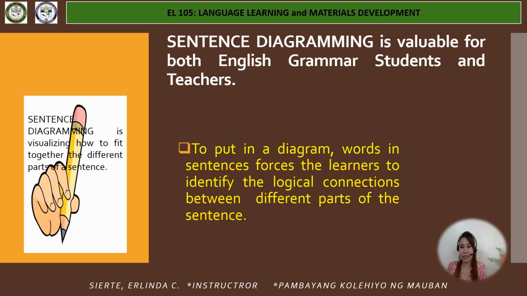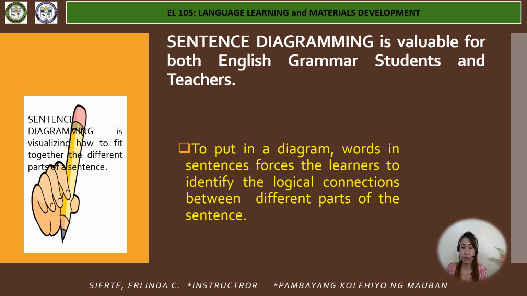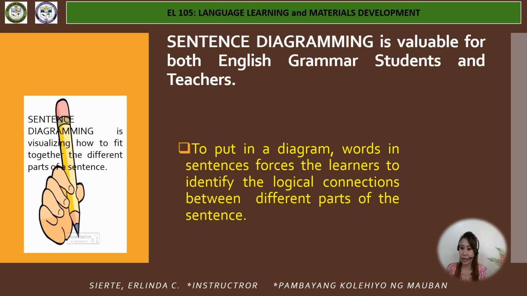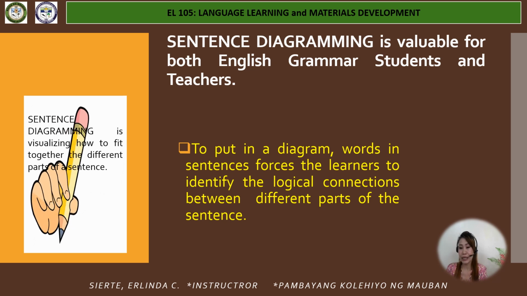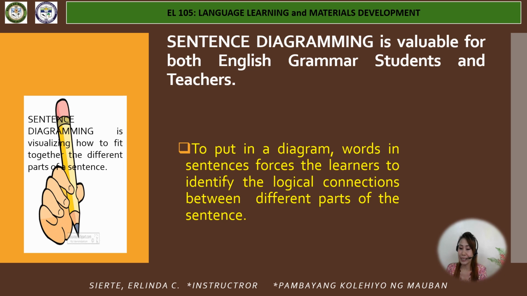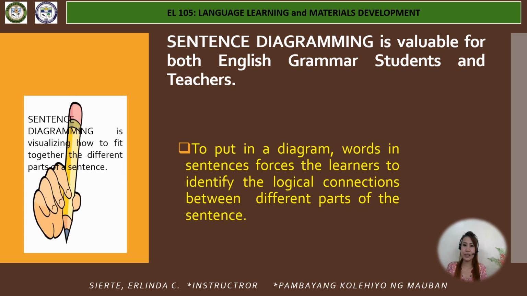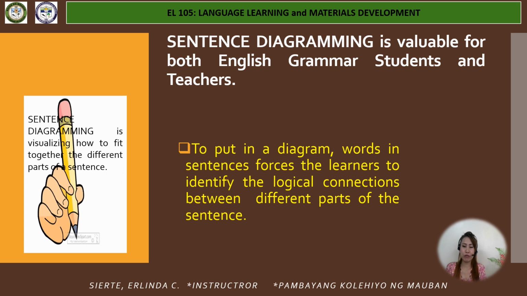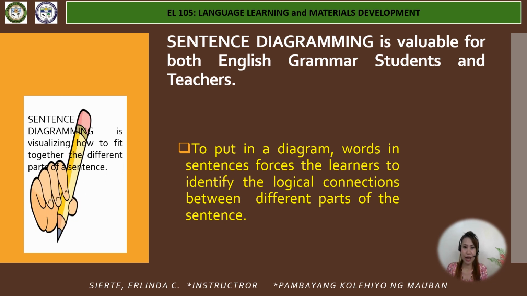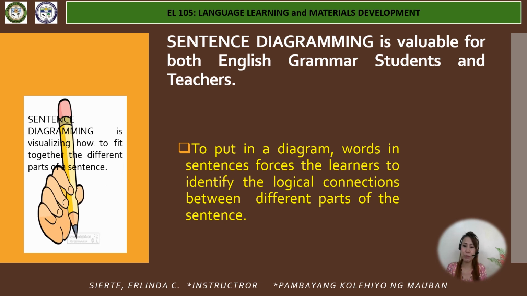All right, there are some difficulties, especially if we don't know what the components of the sentence are that we have to identify first in order to proceed with the sentence diagramming.